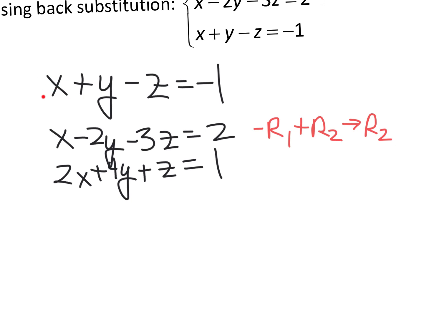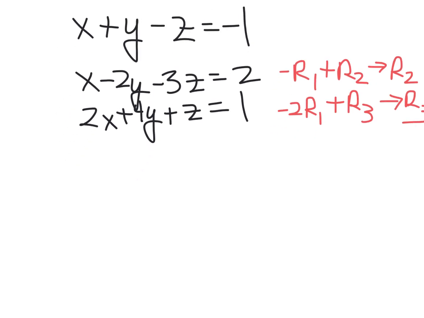And the same thing here, I have a 1 and I need to get a 2, so I need to multiply this by -2 to eliminate. So I'm going to go -2 times row 1 plus row 3, and that's going to give us a new row 3. So first off, I'm going to rewrite the first equation. Now I'm going to combine the first equation with the second, or row 1 with row 2, by doing the operations over here.